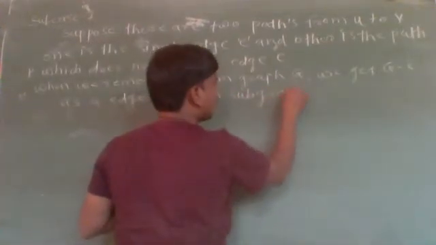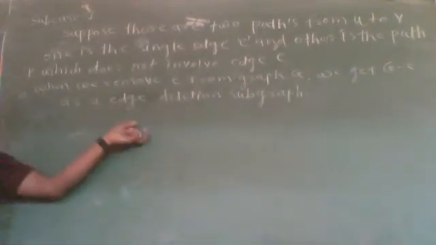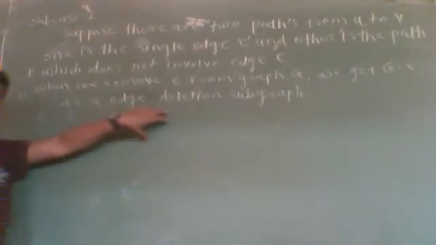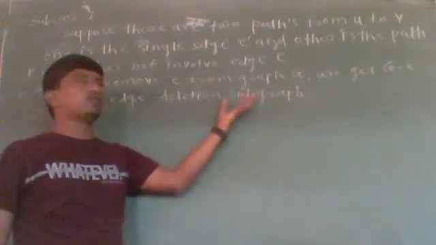But as there are two paths from vertex U to V, after deletion of the edge E from graph G, vertices U and V are still connected by the path P.